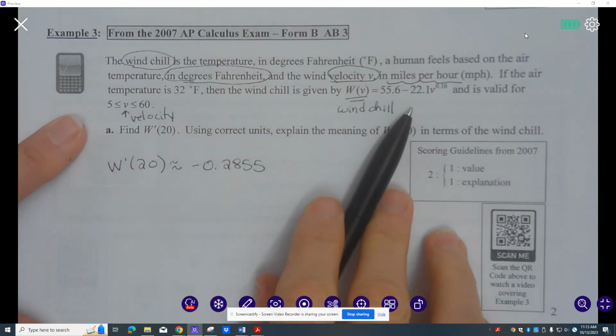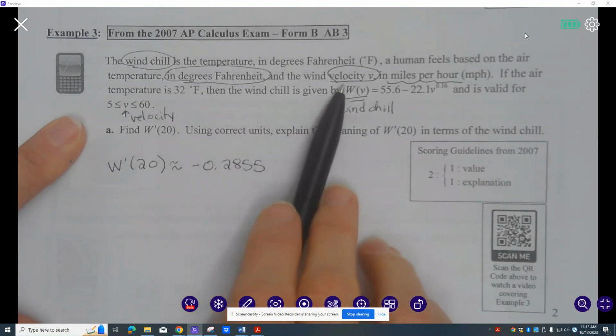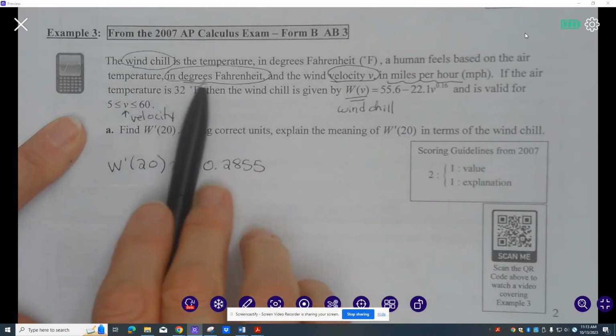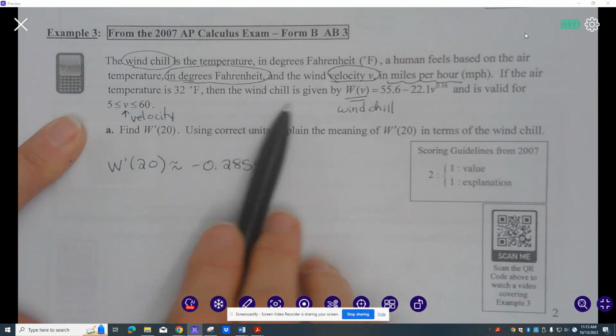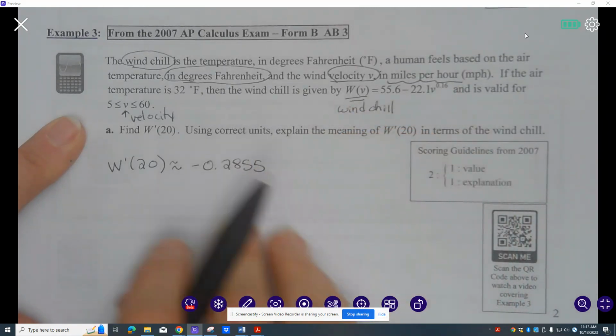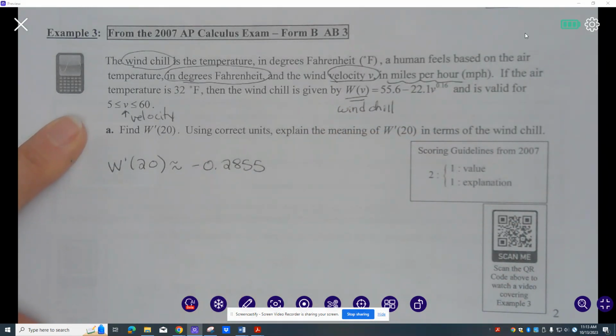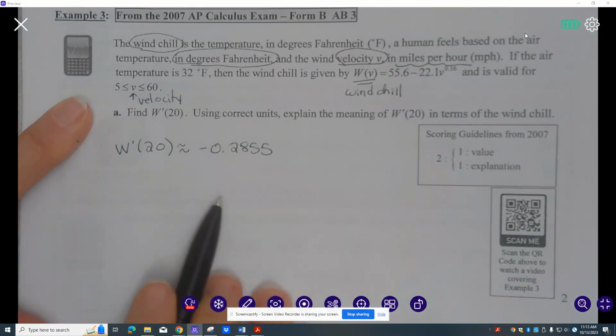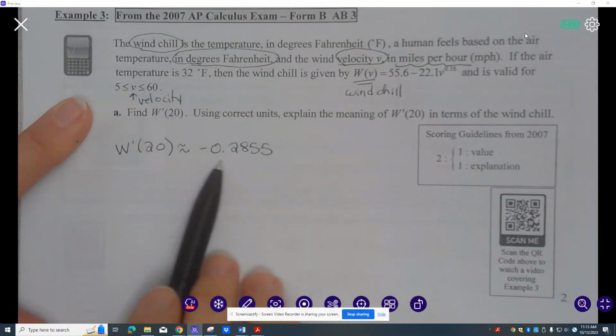And this is degrees Fahrenheit per miles per hour. So degrees in Fahrenheit and miles per hour. So, well, we're going to actually put the units when we interpret. So the value, which is the first point, is this.